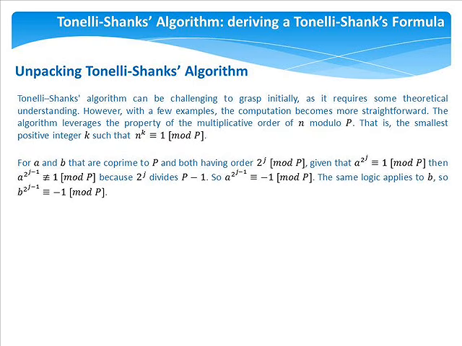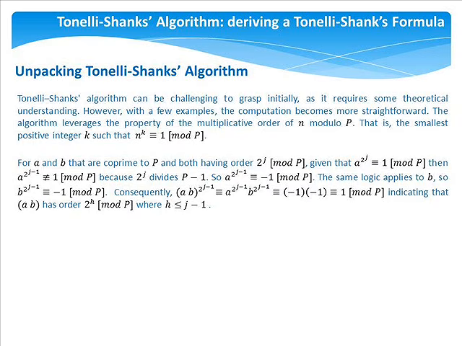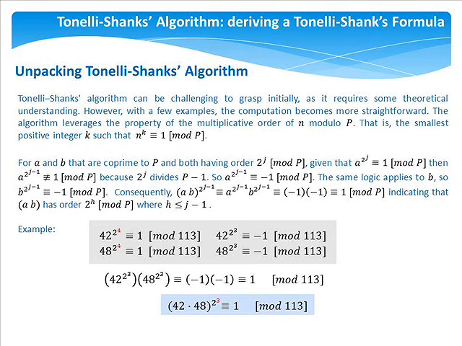The same logic applies to b, so b^(2^(j-1)) is congruent to minus 1 modulo p. Consequently, (a times b)^(2^(j-1)) is congruent to 1 modulo p, indicating that a times b has order 2^h modulo p, where h is smaller than or equal to j minus 1.